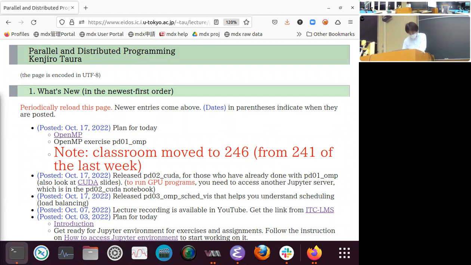We're gonna continue discussing OpenMP, so you can see the slide by yourself from the homepage.